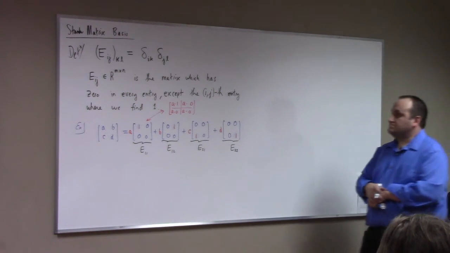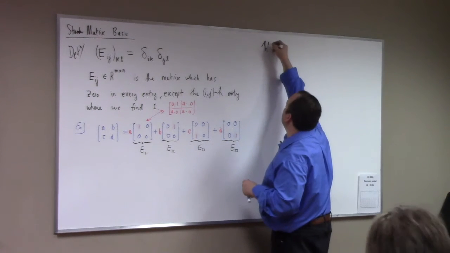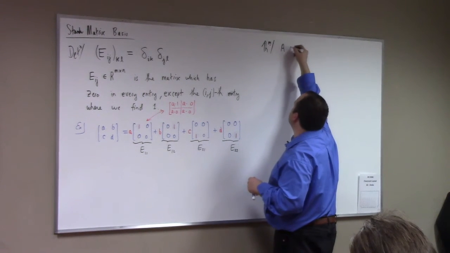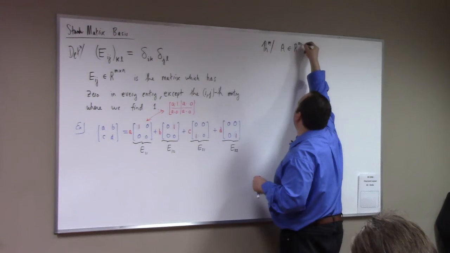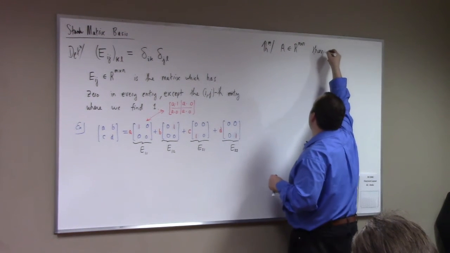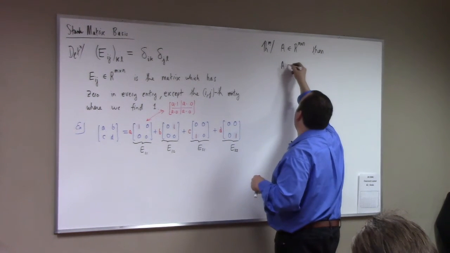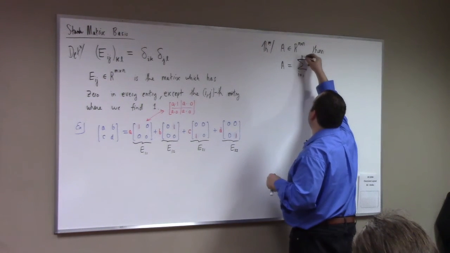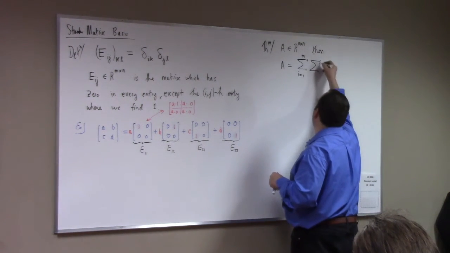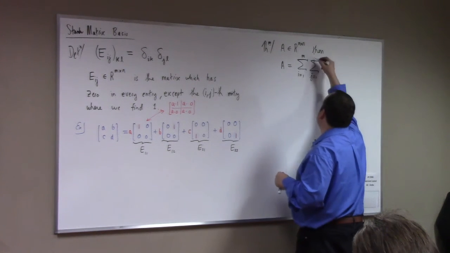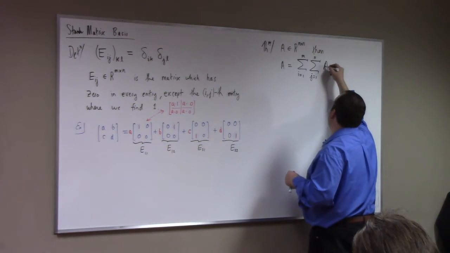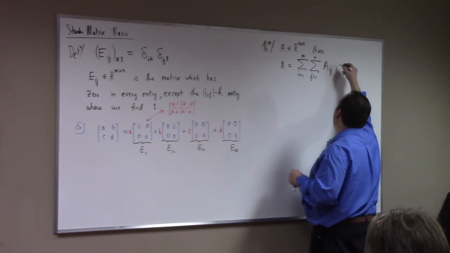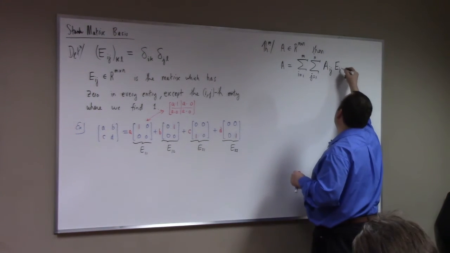So, of course, there's a theorem. If A is in R^(m by n), then we can write A is equal to the sum i equals 1 to m, the sum j equals 1 to n of a_ij E_ij.